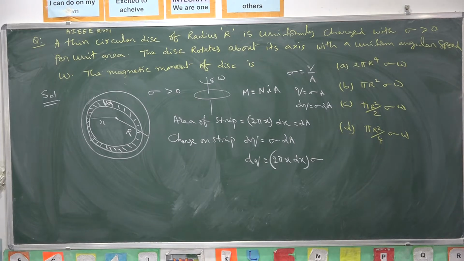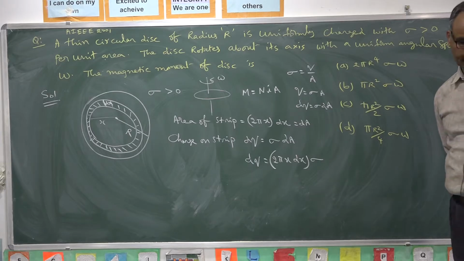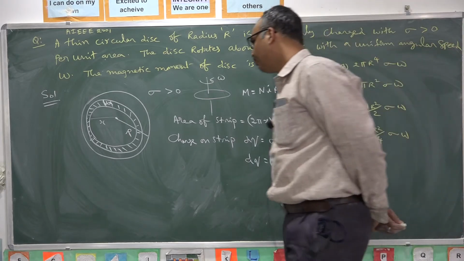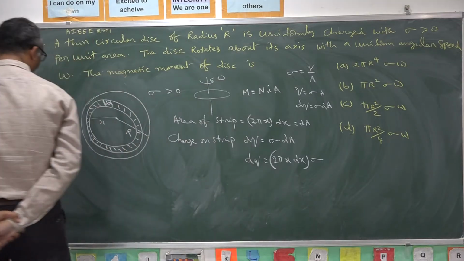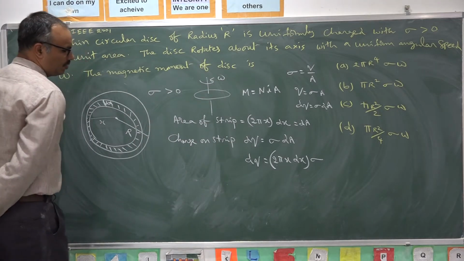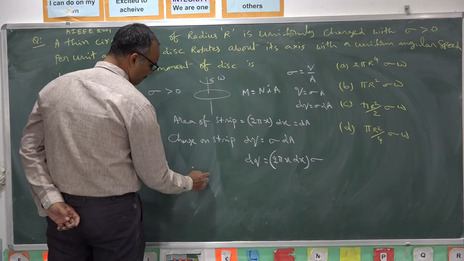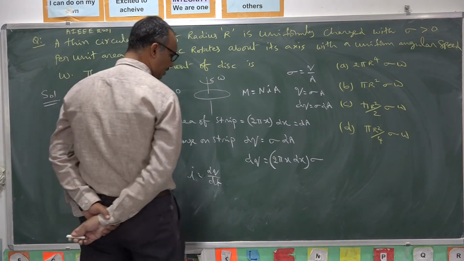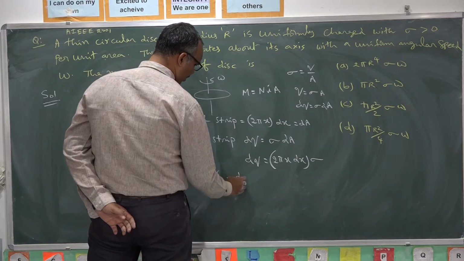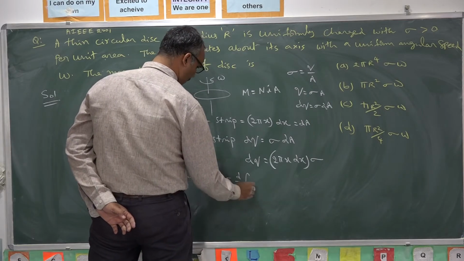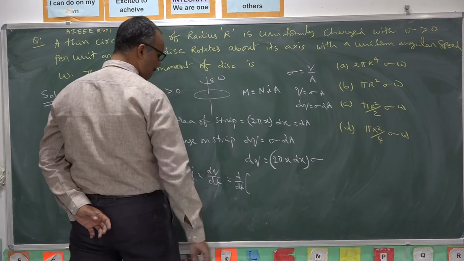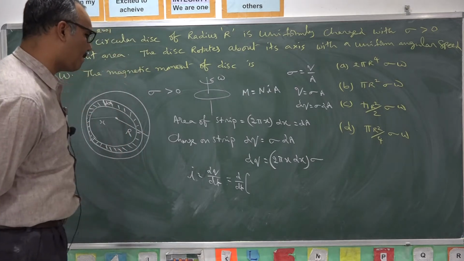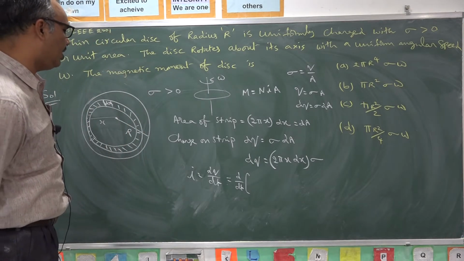Because of the small element, some current got developed here. So current is nothing but I is equal to dq by dt, that is, d by dt of the charge available. dt is the time taken.